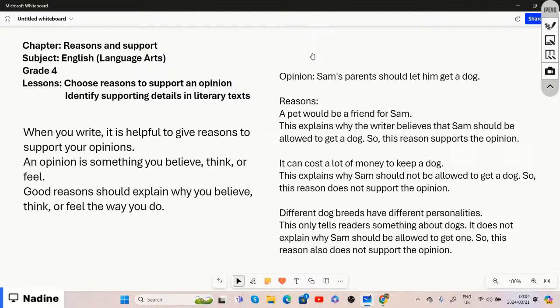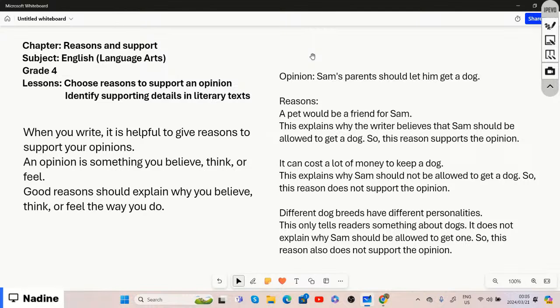With an opinion, it's not like there are actual facts, because this is how I feel about something. It's not like we can go to the internet and check whether it is true or not. It's about something that you believe, think, or feel. That is an opinion.